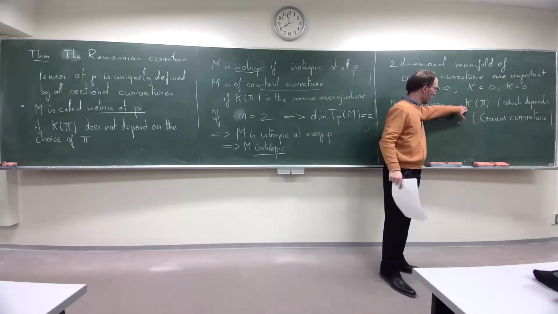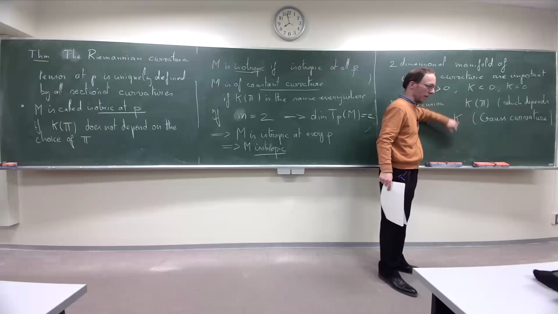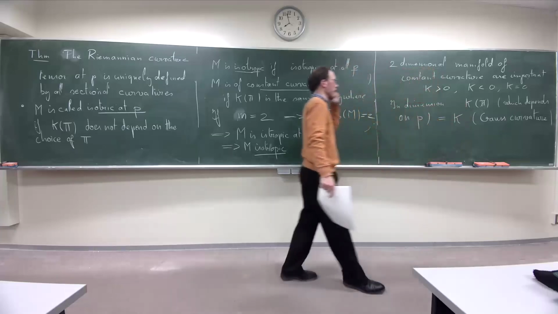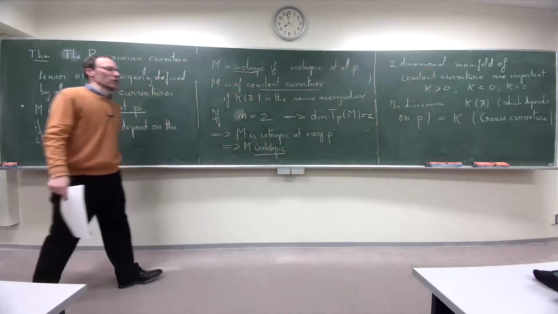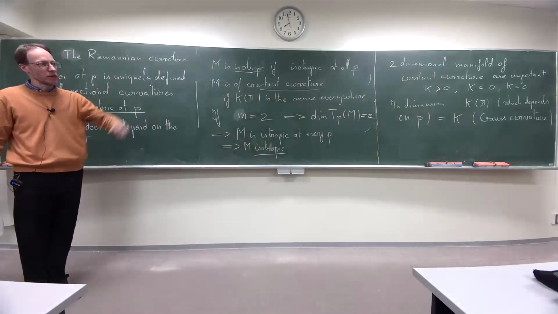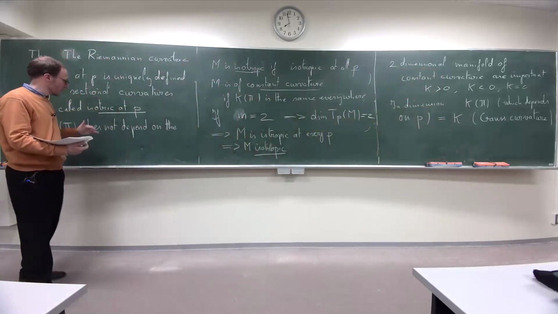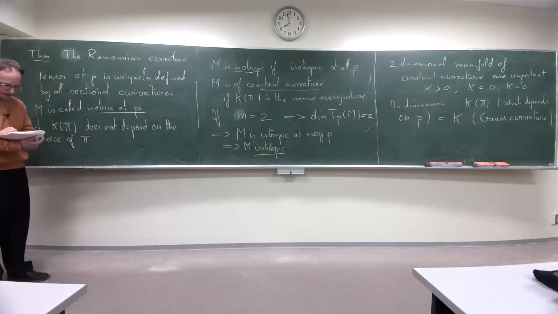But it still depends on P, and it's equal to what we call the Gauss curvature at P. So we have generalized the notion of Gauss curvature, because when you come back to dimension 2, you recover it. But the sectional curvature is defined in any dimension.